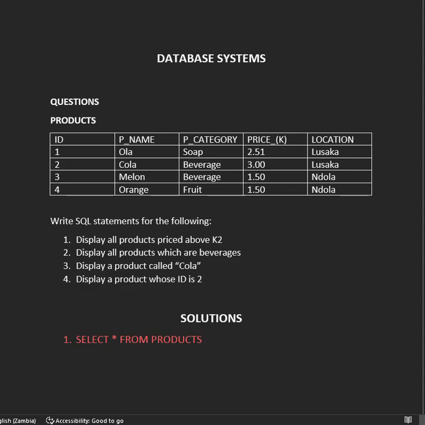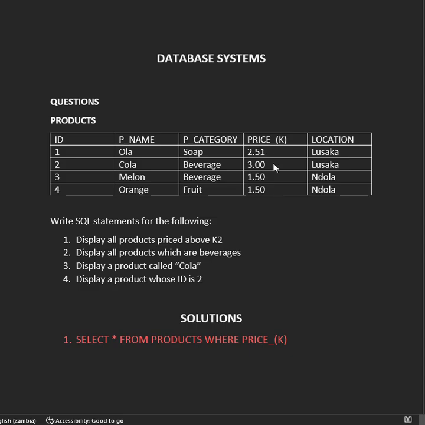Then you have to specify the criteria. Here, you're trying to display all products priced above 2, so you say where. What you're looking for is the price, and it has to be written exactly as it appears in the column: price, then an underscore, then K, because this is how it appears on the table.